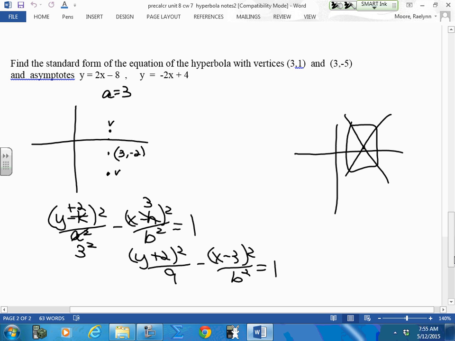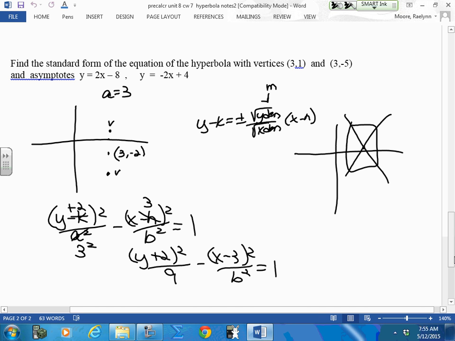Now, if you remember back, you have that little equation. And when we found the slope of your equation, remember when we did this guy? This was the slope of your equation.